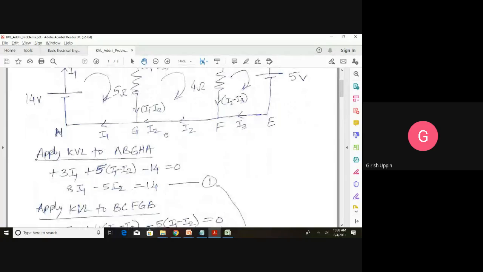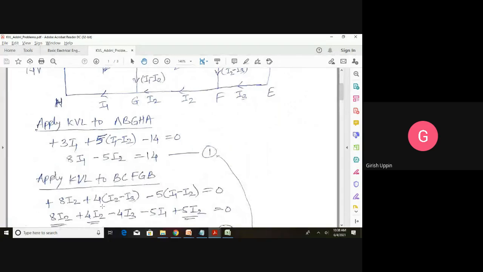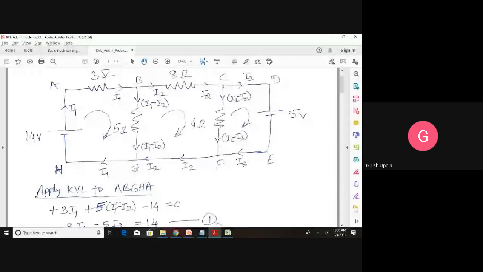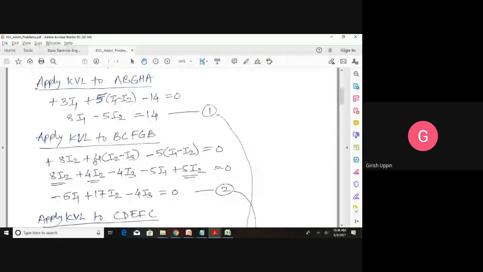Then we continue to this branch. The direction of the current is this way, and the direction of the tracing is also the same. The current flowing in this particular branch is I2 minus I3. Voltage drop is positive, plus 4 into I2 minus I3.